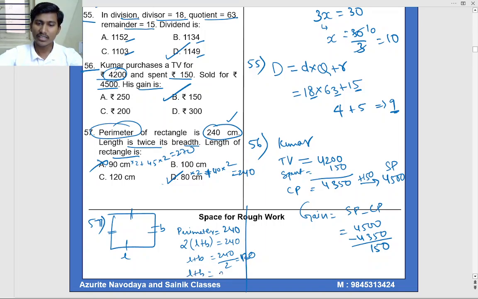That is 80 plus 40, right? Because half of 80 is 40. So 80 will be the length and 40 will be the breadth. So that is the answer, option D here. Okay. So better in these type of questions go with the options. Okay, yes, that will be easy.